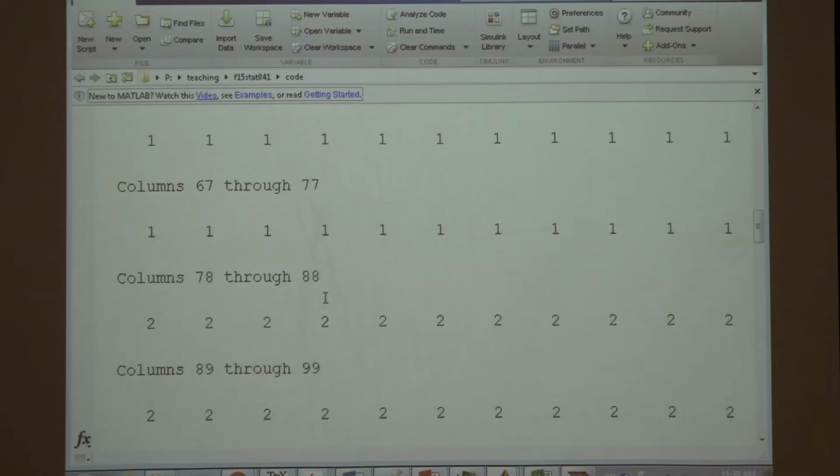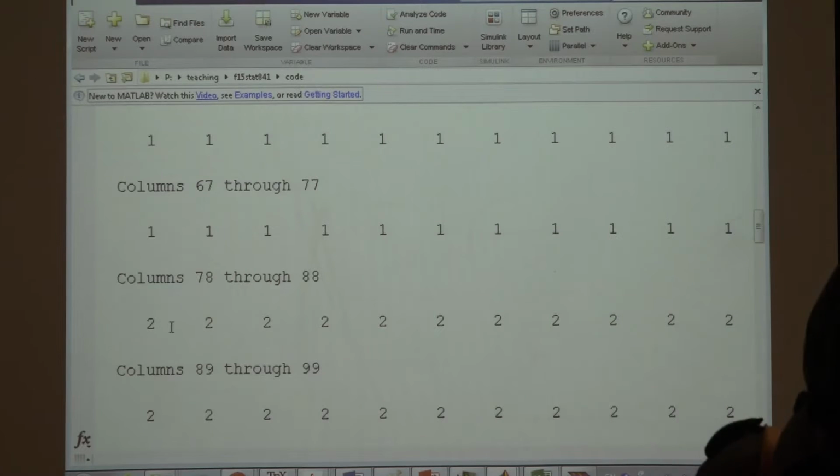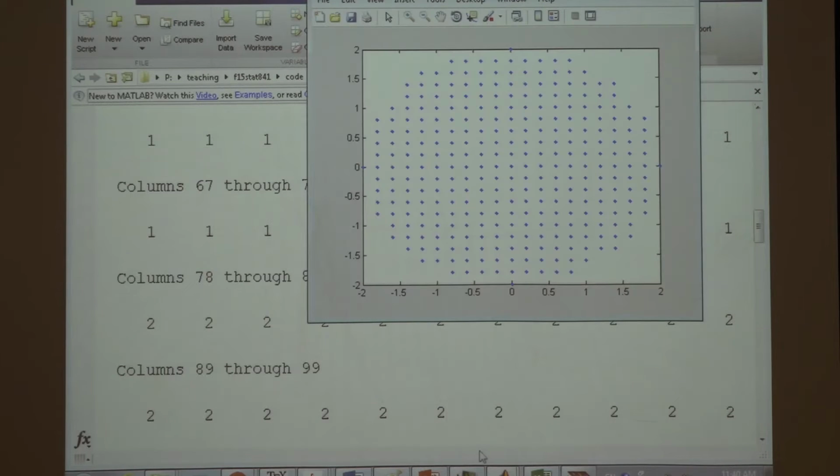This is 77. Up to point 77 are in class 1, and starting point 78 is in class 2. And these are all points.